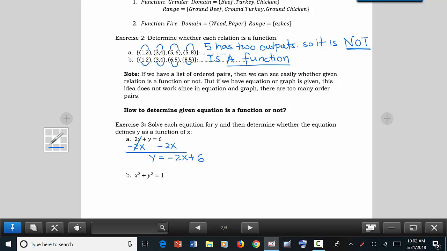For every value of x, that means input, we get a unique output. For that reason, it is a function.